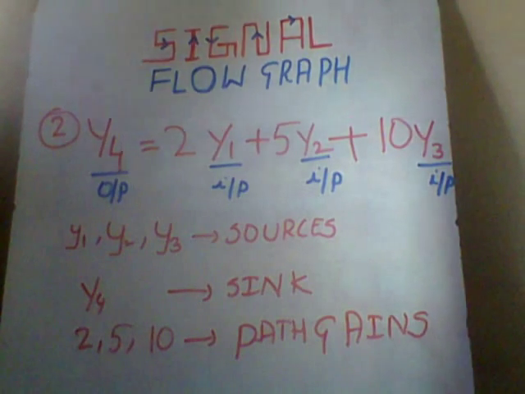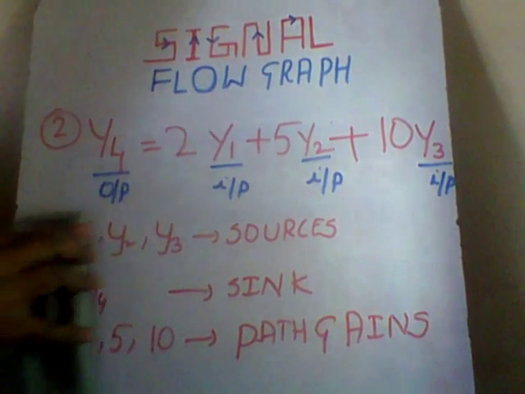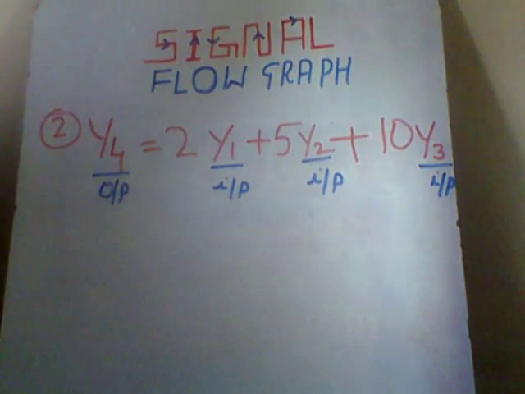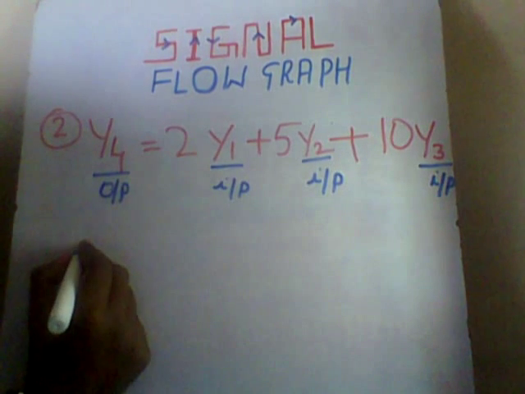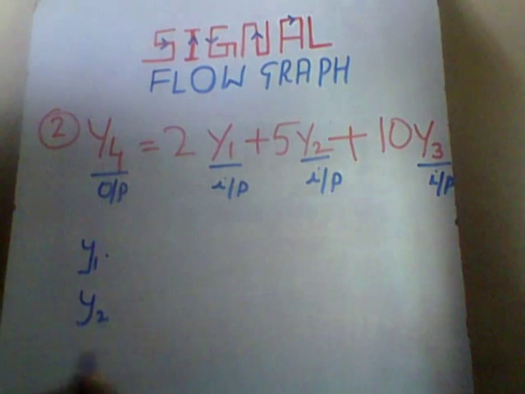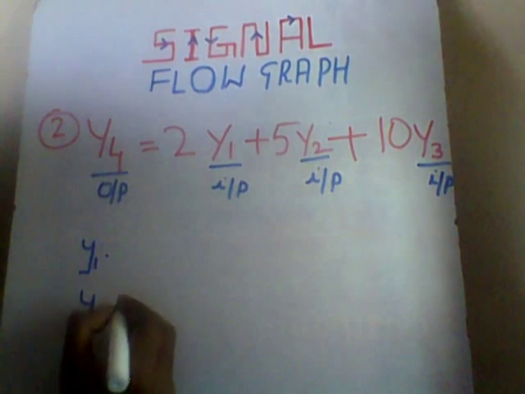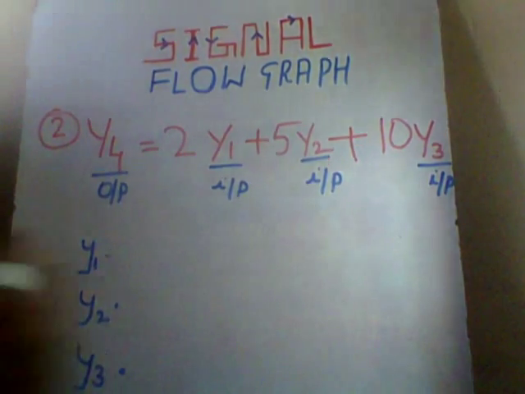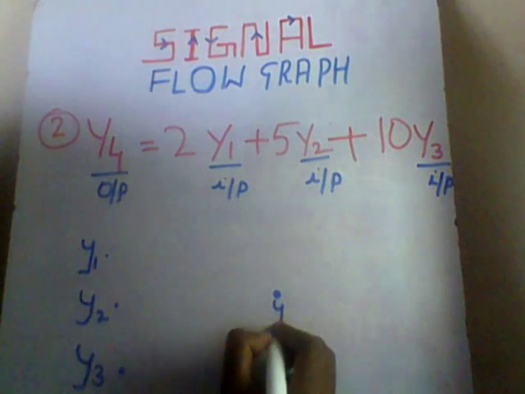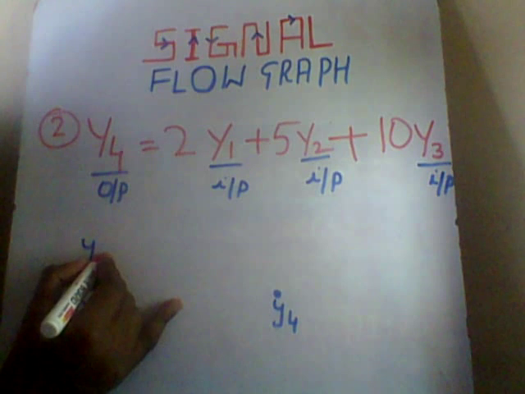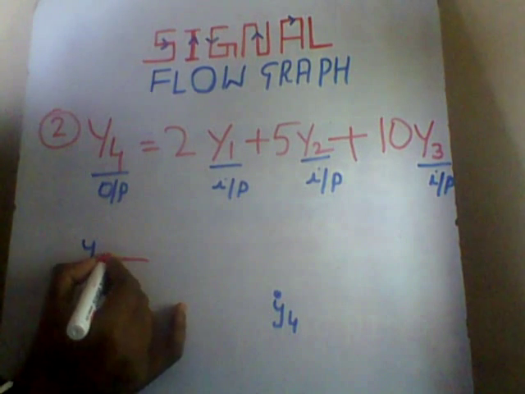So now let us construct a signal flow graph of this data. Always start with inputs y1, y2, y3 and end with the output, that is y4. Now, as I said earlier, the branch of the signal flow graph always starts from input to output.